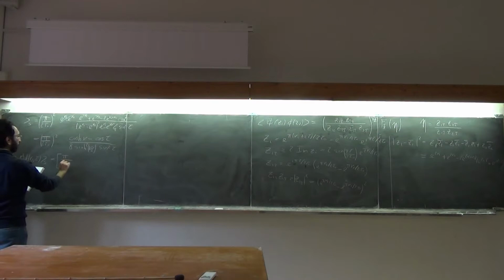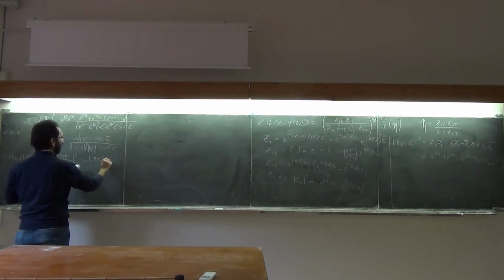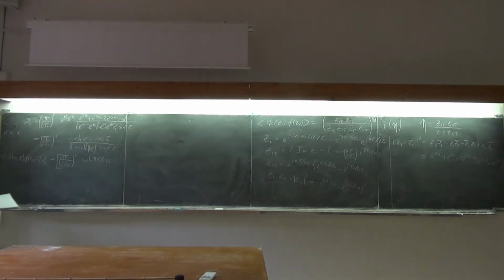Pi divided by q tau naught squared, cosh pi r divided q tau naught. Okay, let's not lose too much time since we are a bit late.